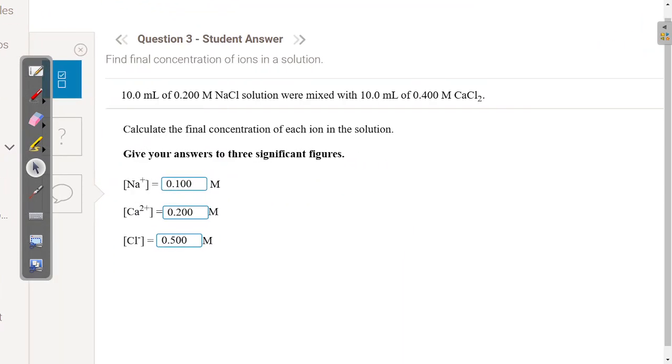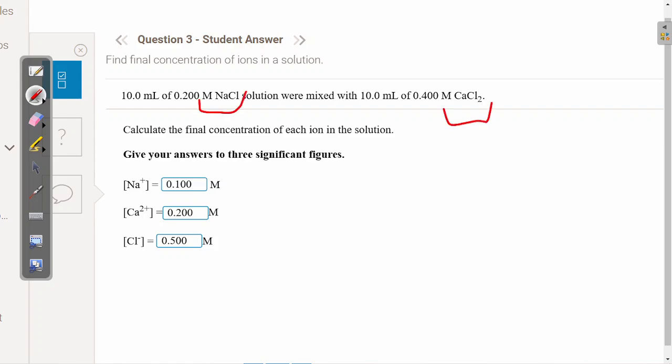10 milliliters of 0.2 molar NaCl solution were mixed with 10 milliliters of 0.4 molar CaCl2. Calculate the concentration of each ion in the solution. First of all, you need to find the moles of NaCl, the moles of CaCl2, and the total volume.